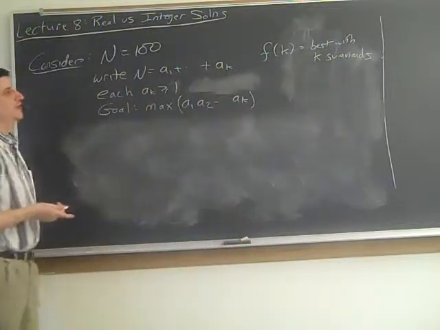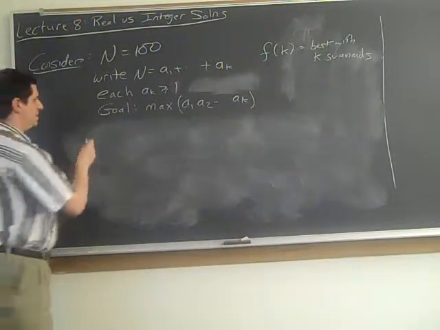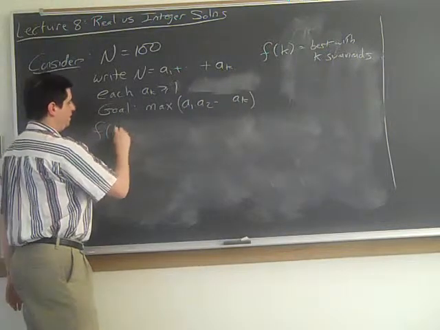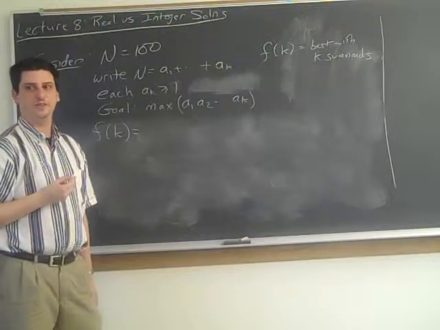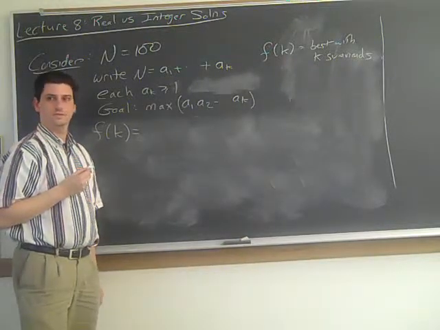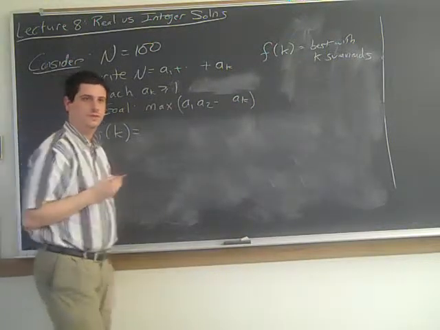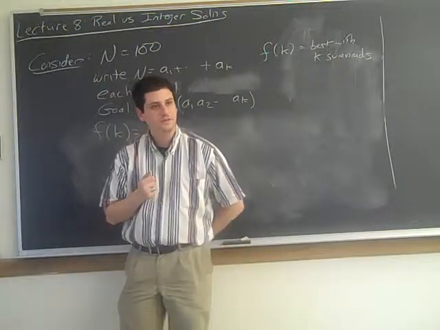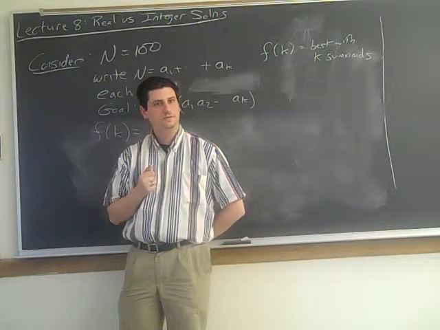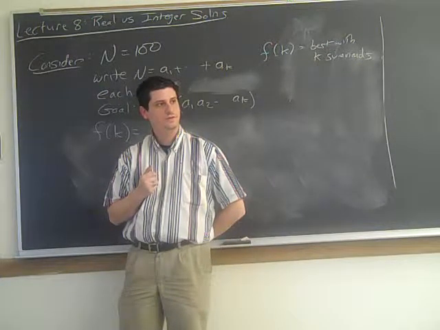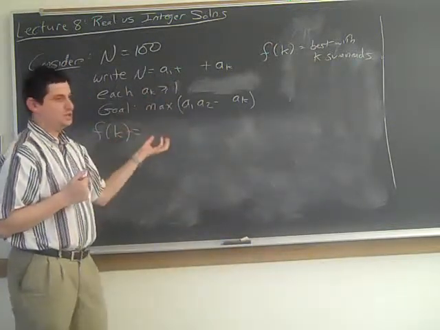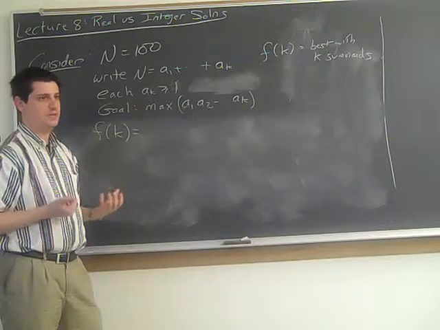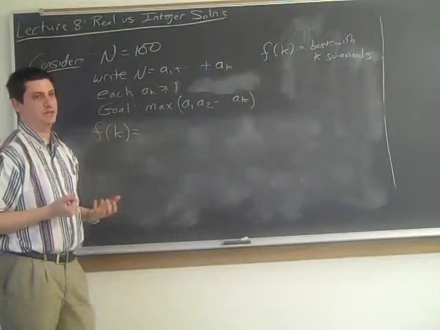So remember, we said f of k is the best we can do with exactly k sums. So f of k is equal to, what's the common value? We said that the best we can do for a given number of sums, we have k sums, is when everything is the same.